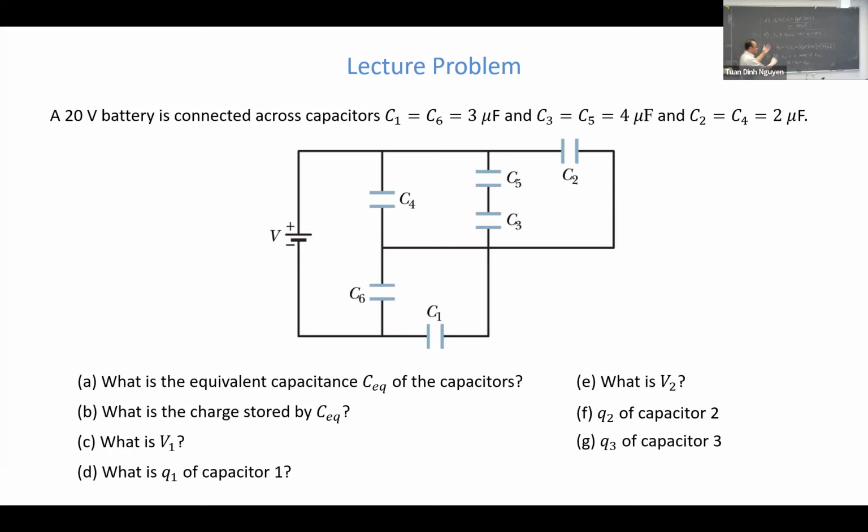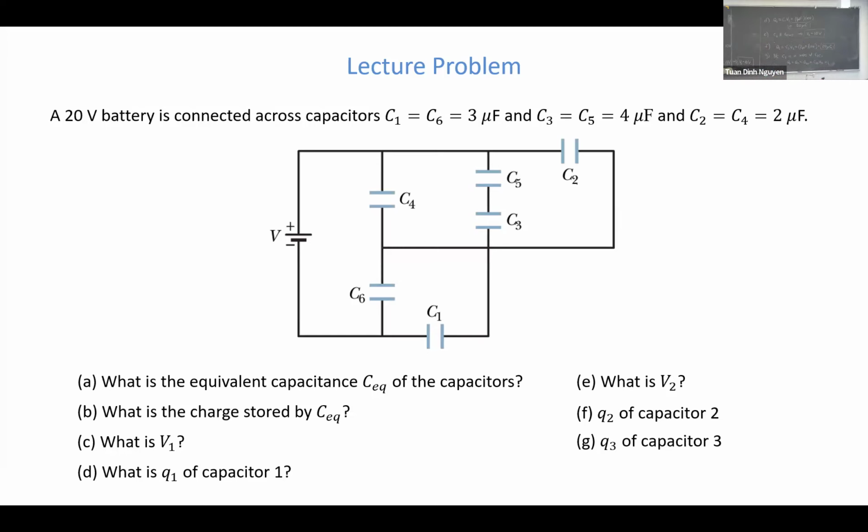And Q35 is the voltage times the capacitance, so this is equal to C35 times V. And C35, I think I erased it.